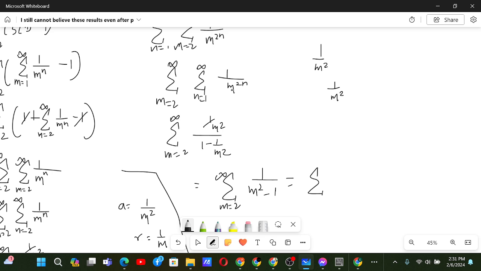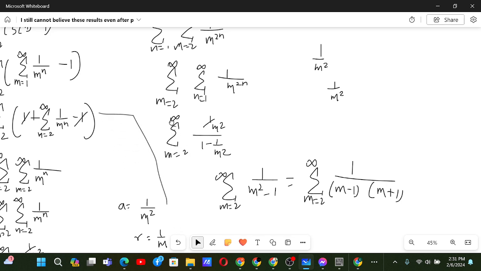It's fine. Now this is 1 by m minus 1, m plus 1, going from m equals 2 to infinity. Now we can again use a telescoping sum.